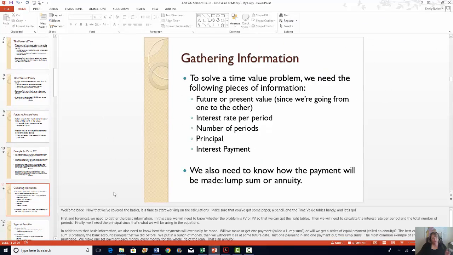So again, I already jumped the gun here. So we need to know future or present value, okay? And then we need to know the interest rate per period. So that information needs to be somewhere in the problem. The number of periods, is it yearly, annually, semi-annually, quarterly, monthly? So we need to know that.